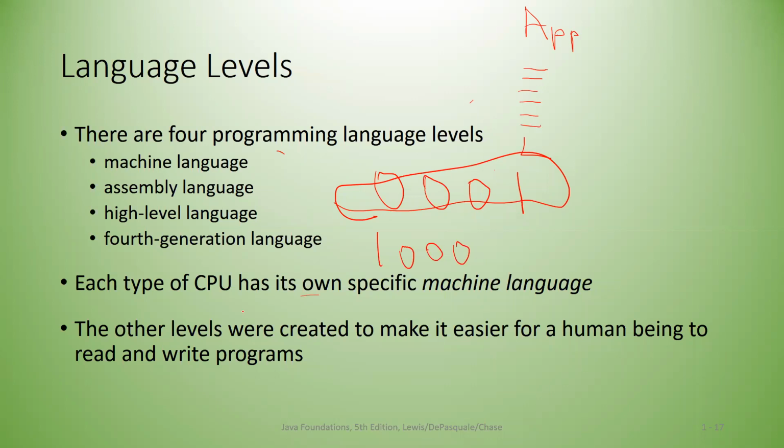Those levels were created to make it easier for human beings to read and write programs. So this level will interpret this, and this will interpret this, and this will interpret this. So it interprets each level until the machine can understand it. Any questions?